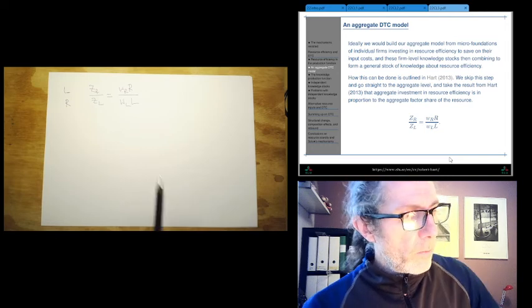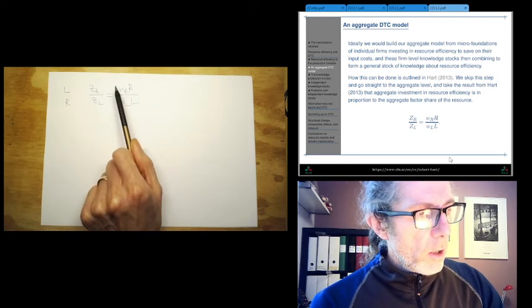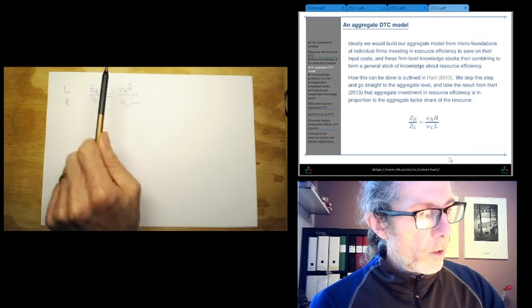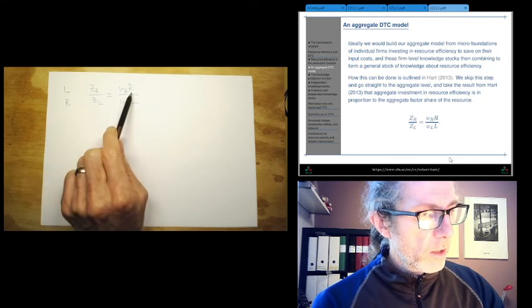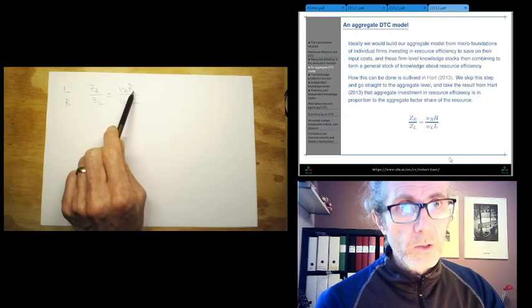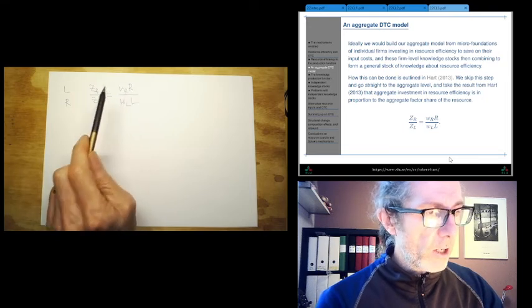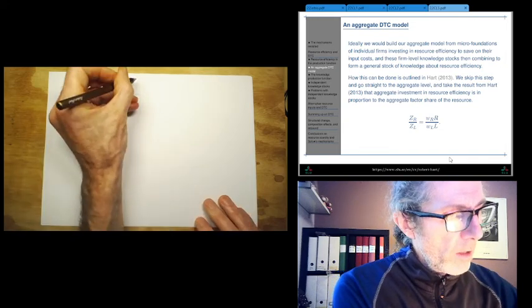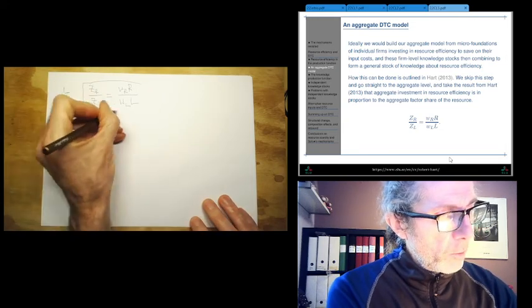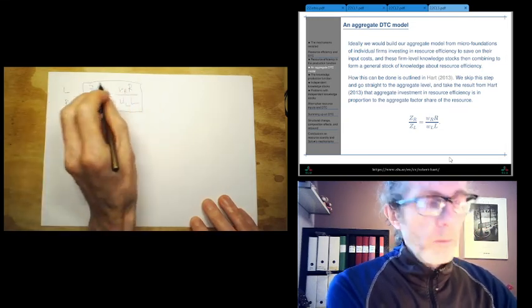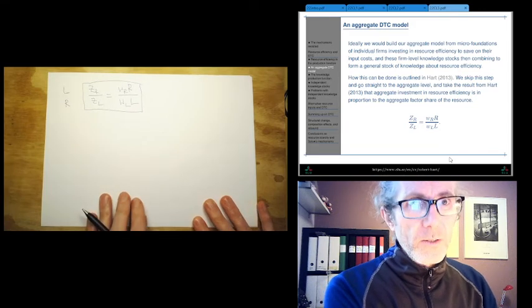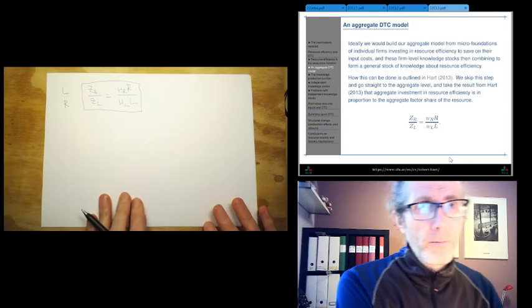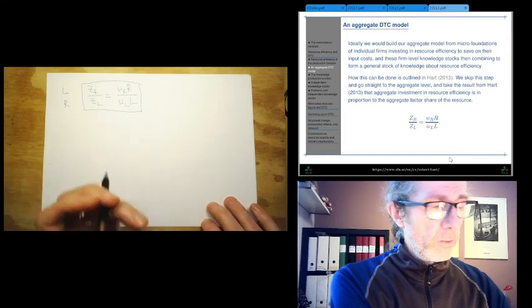So if you spend twice as much on resources than you do on labor, you're going to invest twice as much in trying to economize on resources by boosting AR, for instance. This is super logical, and there is a full macro model behind this, but it's just a bit too tricky for this course. So we're just going to go straight to this result.